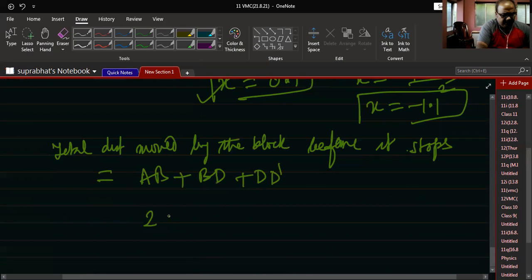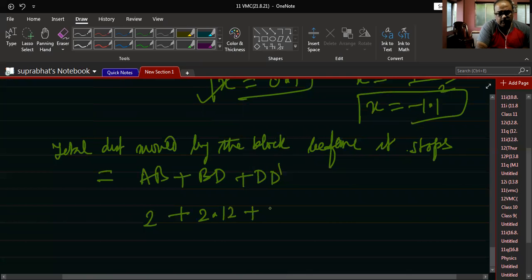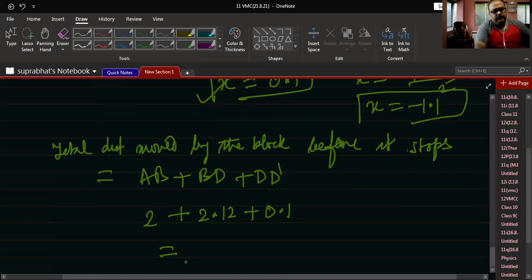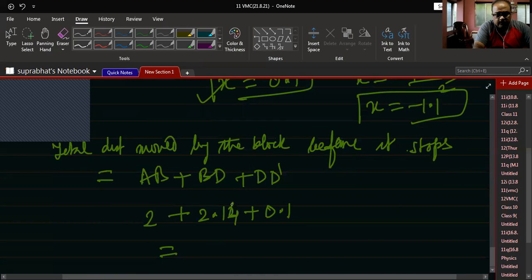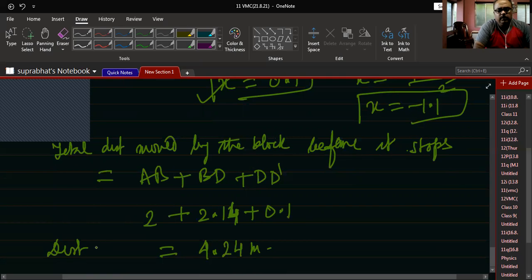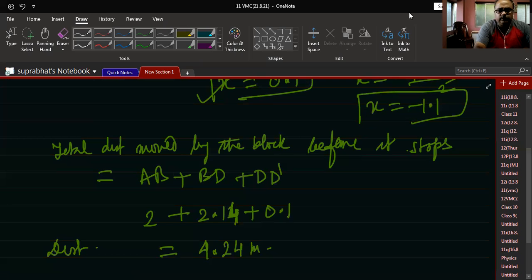BD is 2.14, and DD dash we have found out to be 0.1. So the total distance will be 4.24 meters. This is the total distance moved by the block before it comes to rest. So this is a very, very important question we have done.